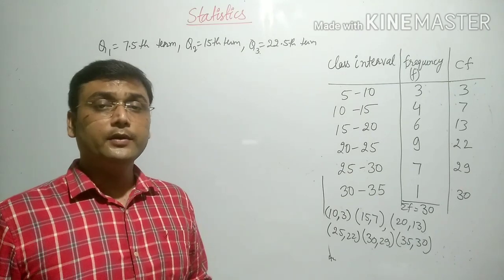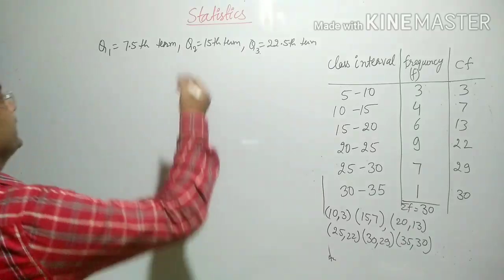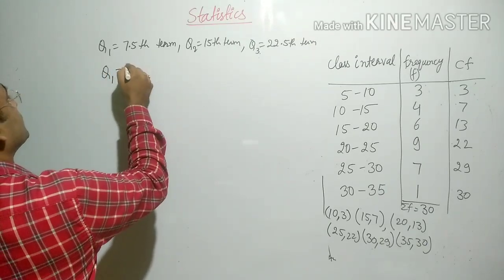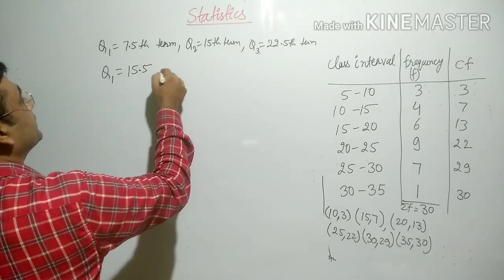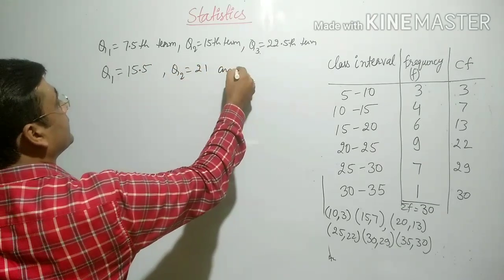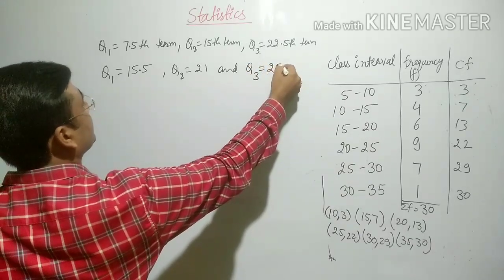So in this question, we have found Q1 is equal to 15.5, Q2 is equal to 21 and Q3 is 25.5.